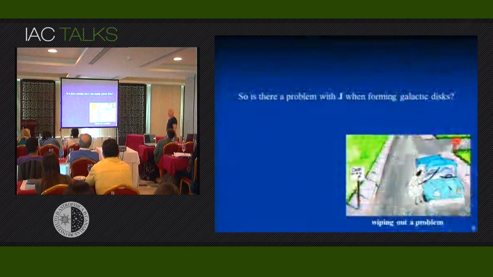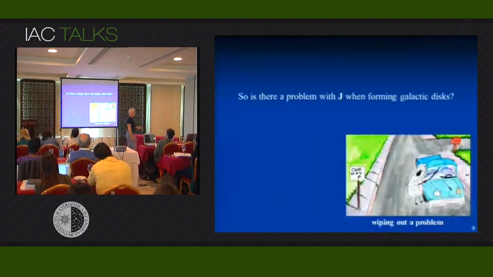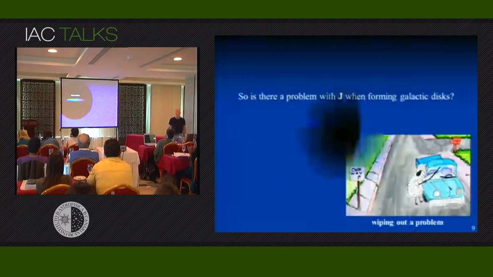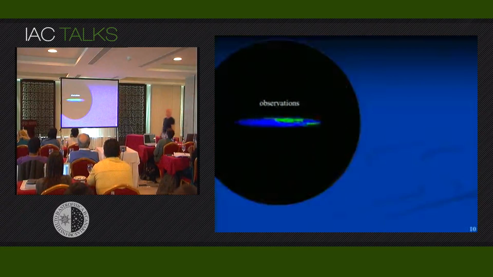So one should be encouraged by these results. Now, what does it tell us? Should we expect any problems with spin of baryons that collapse inside dark matter halos? No, it looks very nice, and that's why what comes later is quite unexpected.